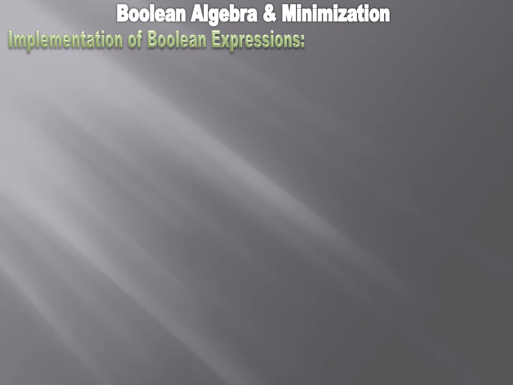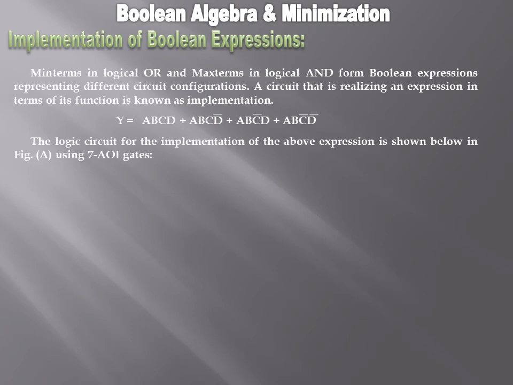So continuing with the minimization of Boolean expressions, let's consider a function Y equal to ABCD or ABCD naught or ABC naught D or ABC naught D naught.